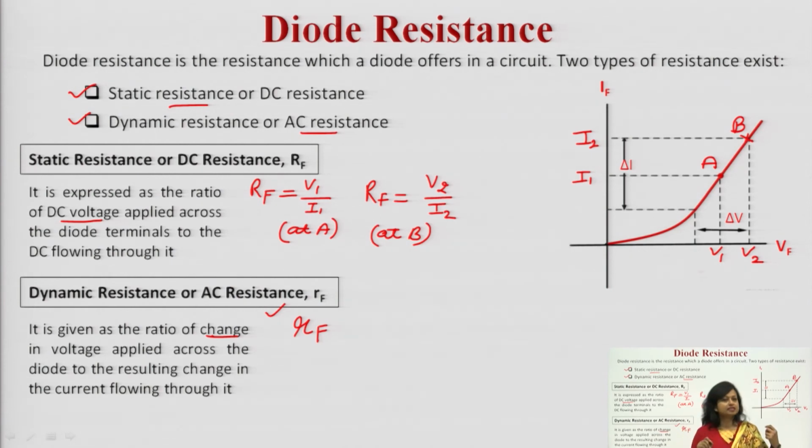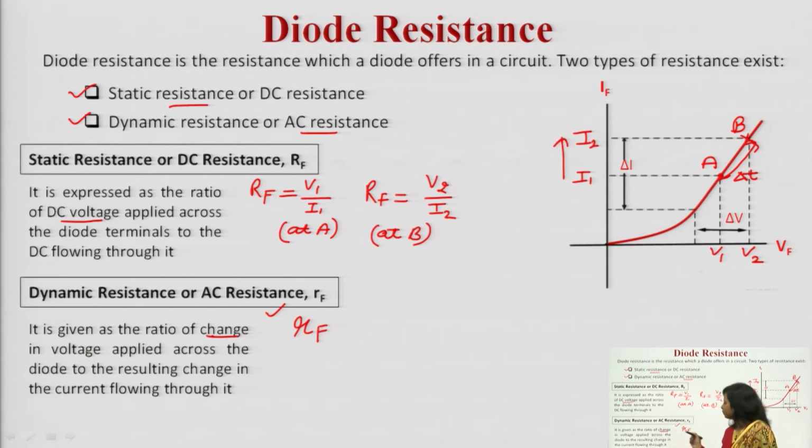So, if you see in this particular case how to calculate it, if you are calculating the dynamic resistance while moving from A to B in this particular interval, in time delta t, there is a change in voltage from V1 to V2, and because of this voltage change, there is a change in current from I1 to I2.